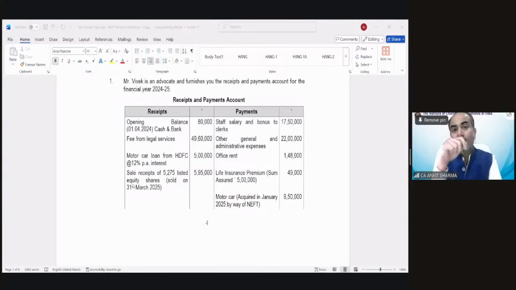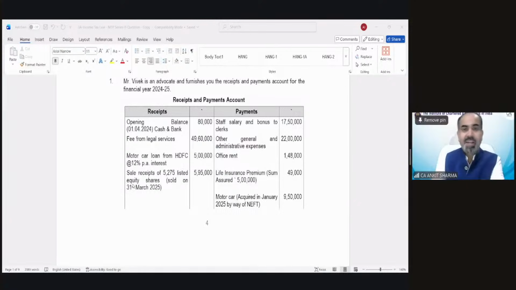As you must have gone through in your normal LVC classes, the faculty must have told you that if a profit and loss account has been given, then the process of solving that question is that you take the net profit which has been given in the question, add back the disallowed expenditure and reduce the disallowed income, and so on. Then you will find your net profit as per income tax.